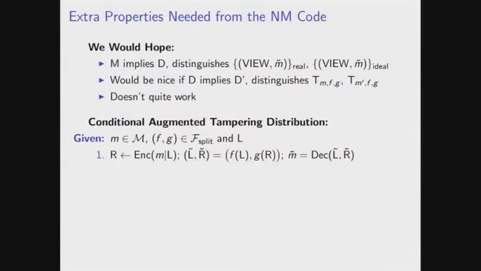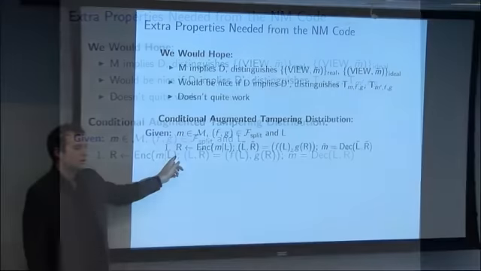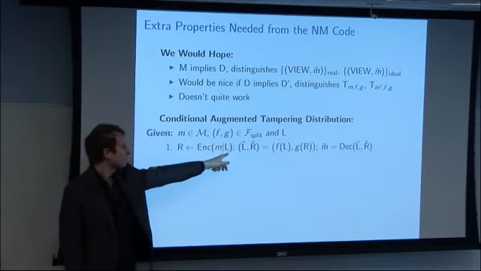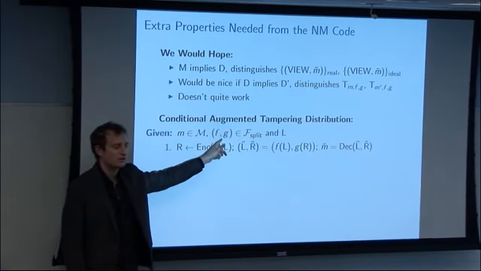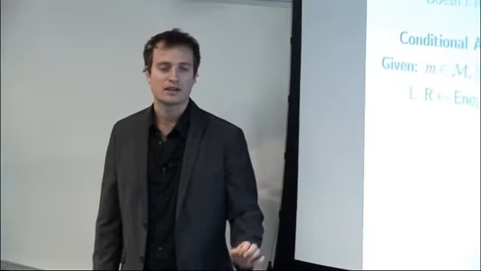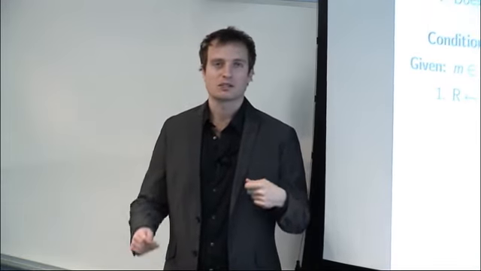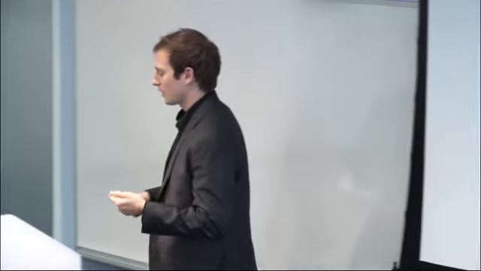So this tampering distribution is going to be specified by a message M, a function, and also a left state. The way this works is first you draw R. You're given this left state, and you draw an encoding R that's going to encode your message M given this left state that you already picked, that was drawn along with the functions. Because L is included in this tau, it's actually chosen at the same time as you're defining your functions.